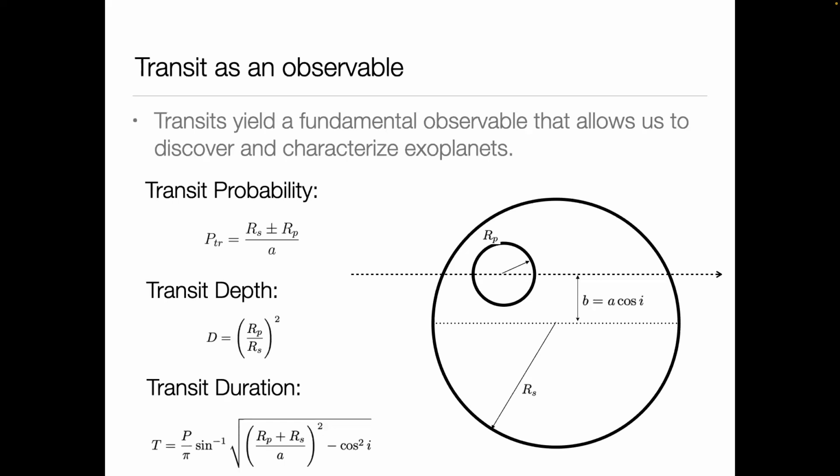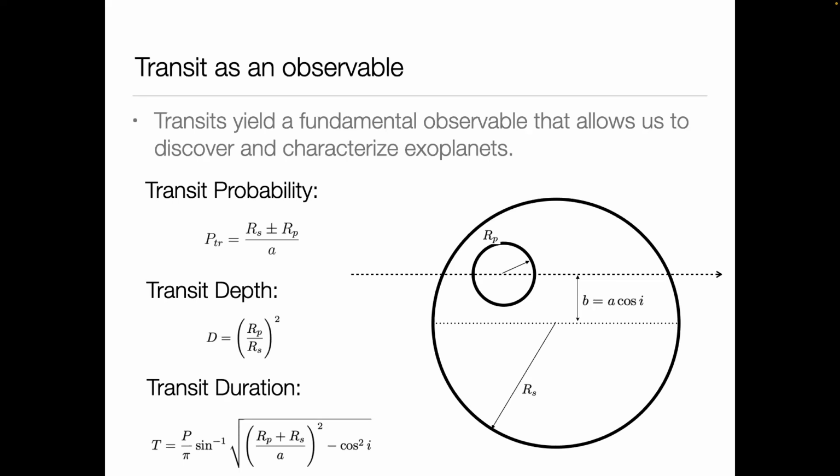And most importantly, which I kind of skipped, I hope now you can see that if you measure D, the transit depth, and know the radius of the star to some uncertainty, it will allow you to measure the radius of the planet, which is very important.